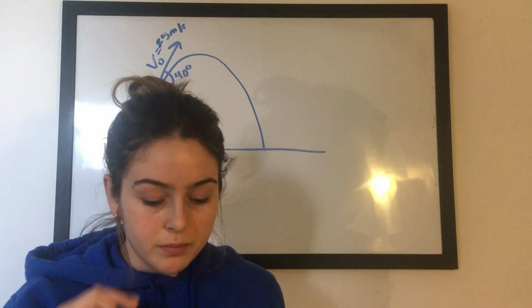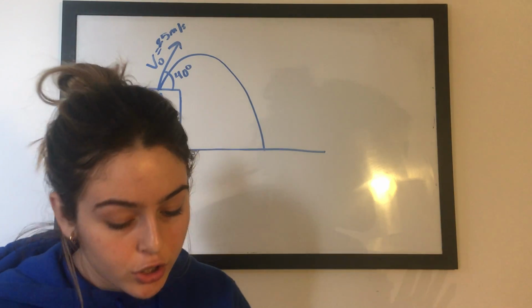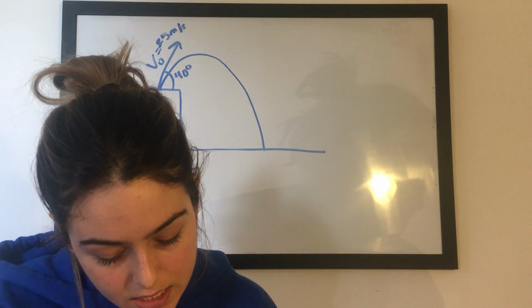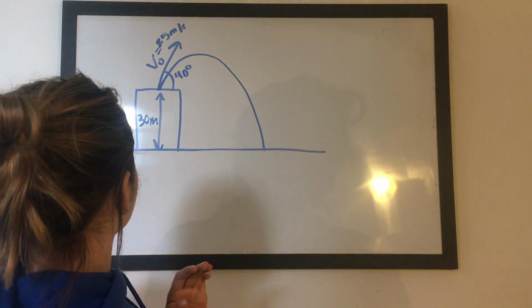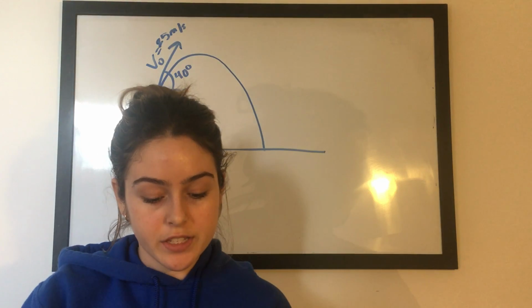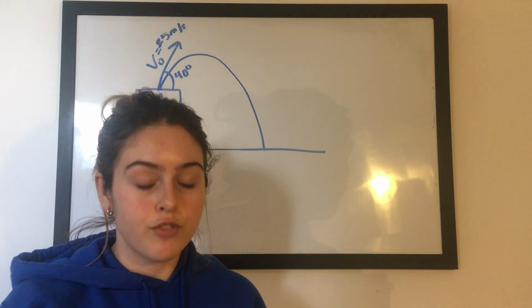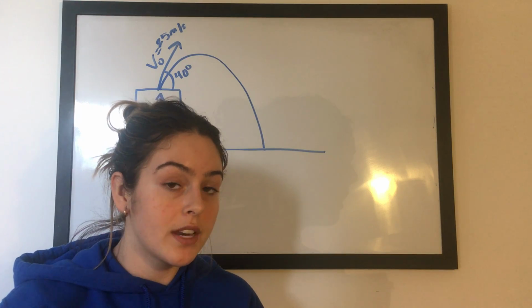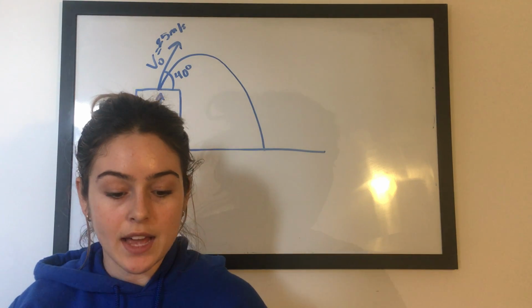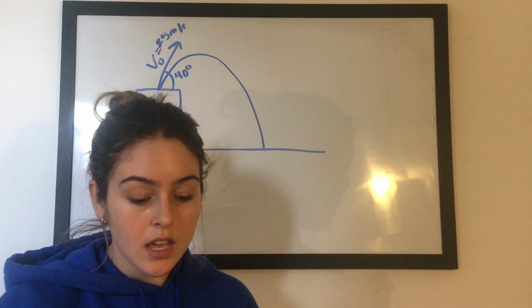Okay, let's just get right into it then. So the vertical component of motion is a uniformly accelerated motion, as discussed previously.